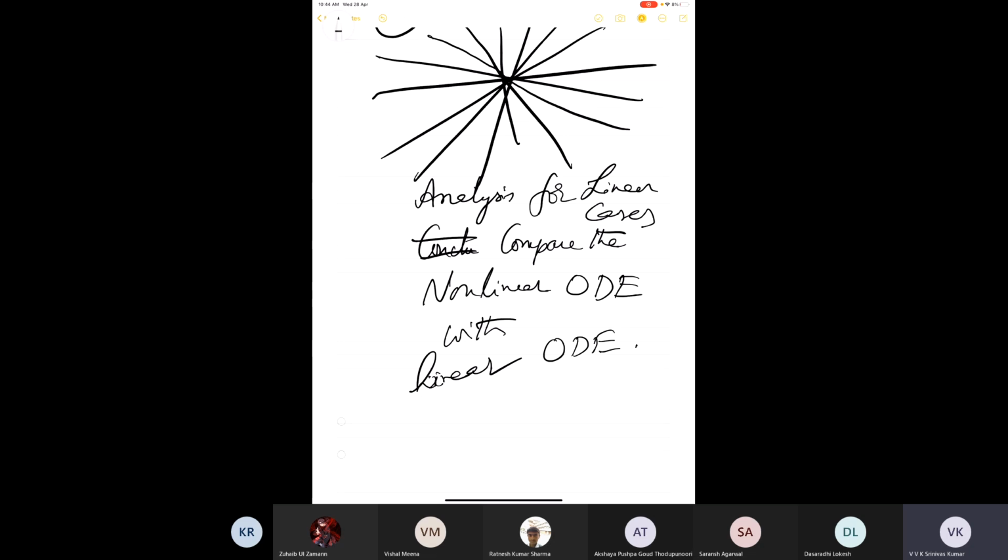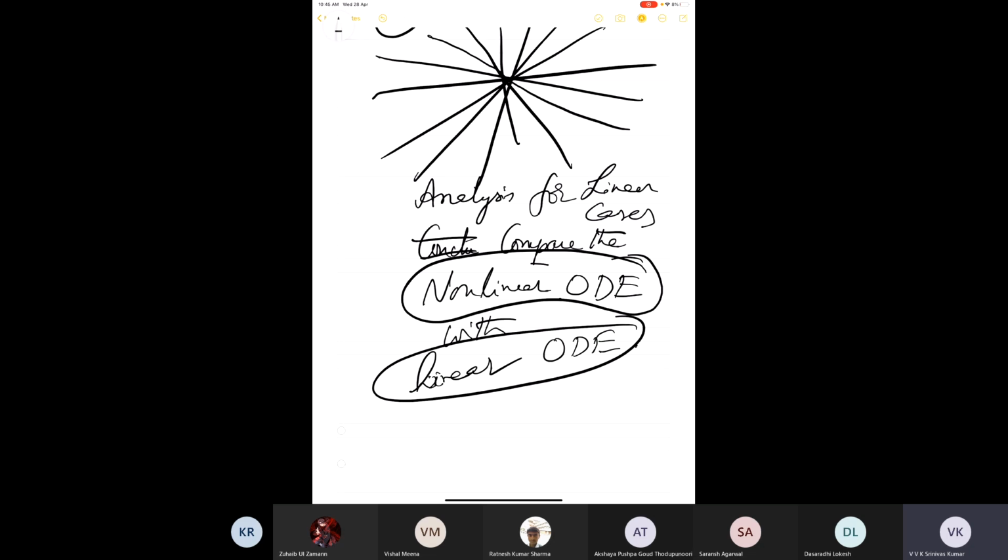So this is the final application of this phase plane analysis. Phase plane analysis application is to compare the nonlinear ODE situations where we cannot solve the system of ODEs, but we can solve the linear systems. For example, this is a linear system, (x, y) whole dash is equal to (y, minus x).